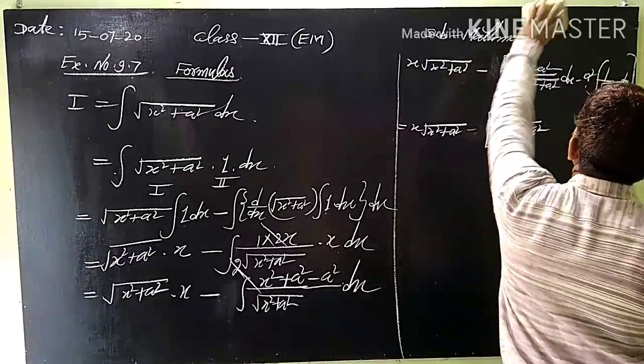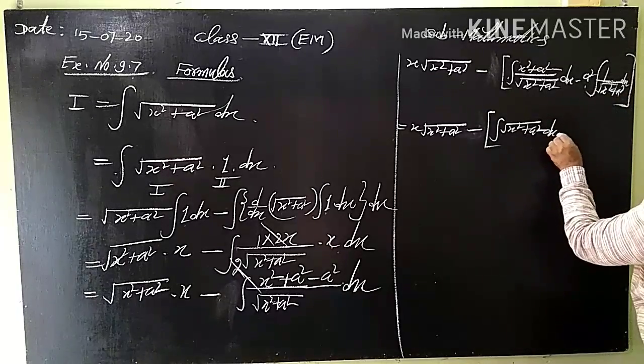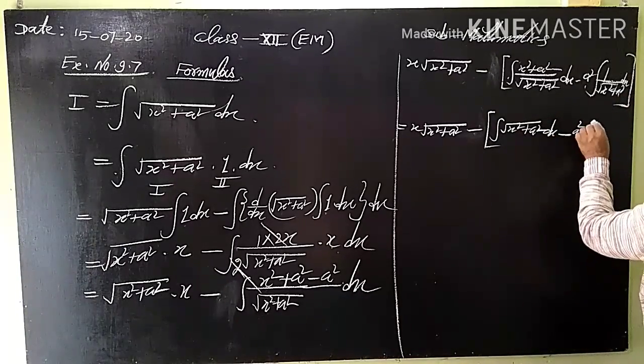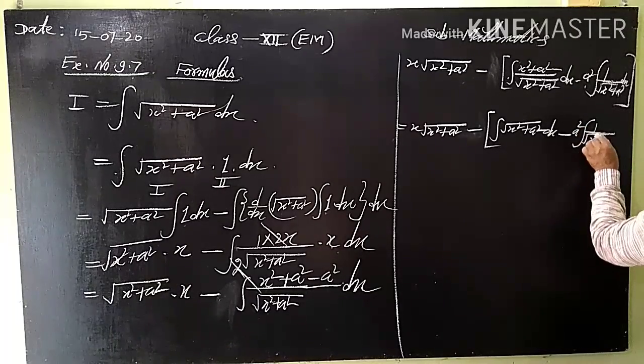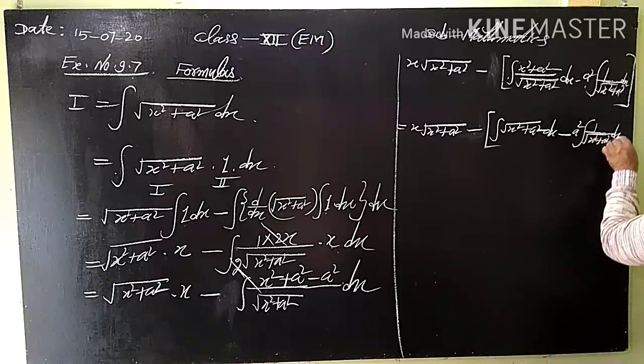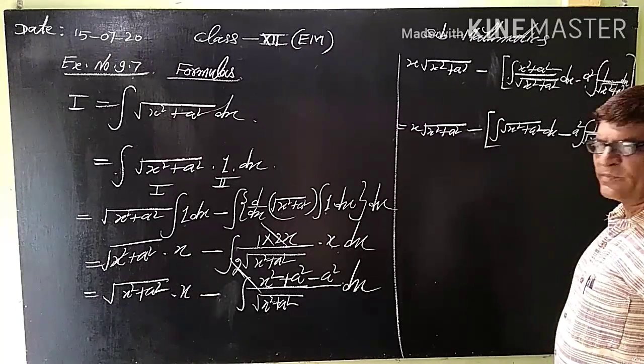Now minus a square integration of 1 upon under root x square plus a square dx. We can remove the bracket.